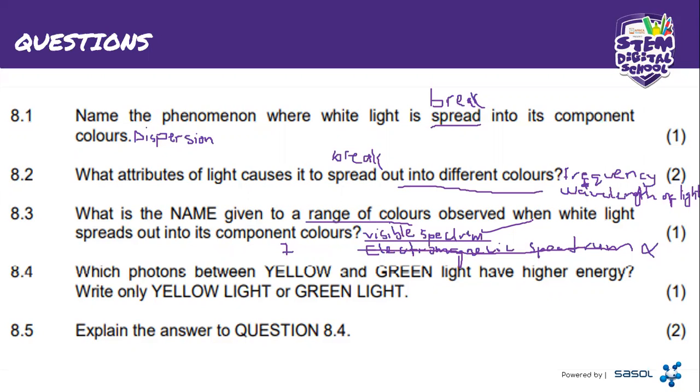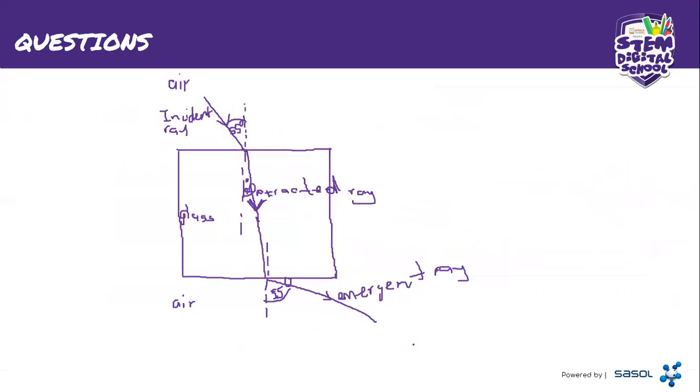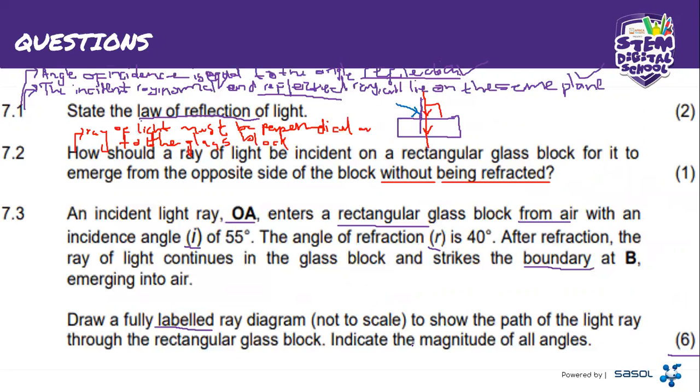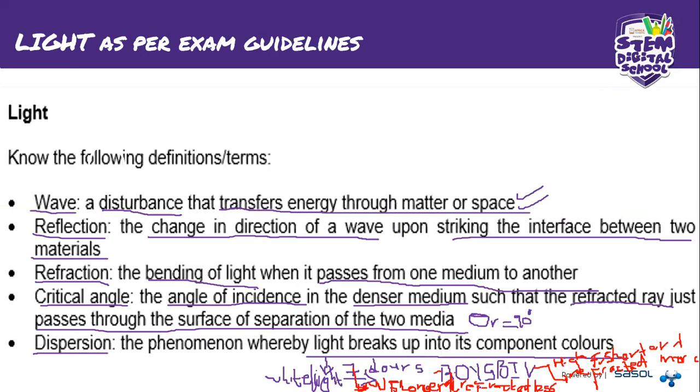Then they ask us, which photons between yellow and green light have higher energy? Write only yellow light or green light. And I quickly want us to go back here. You see there, the 7 colors are red, orange, yellow, green, blue, indigo, and violet.